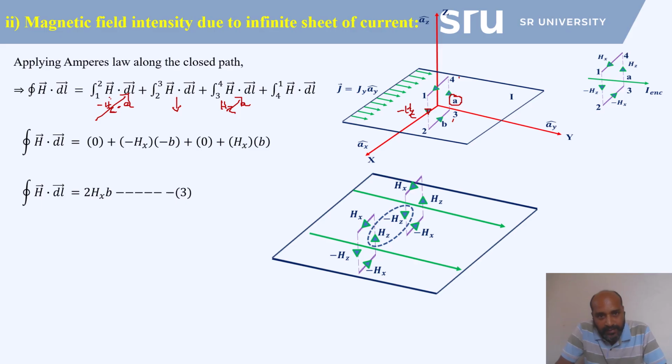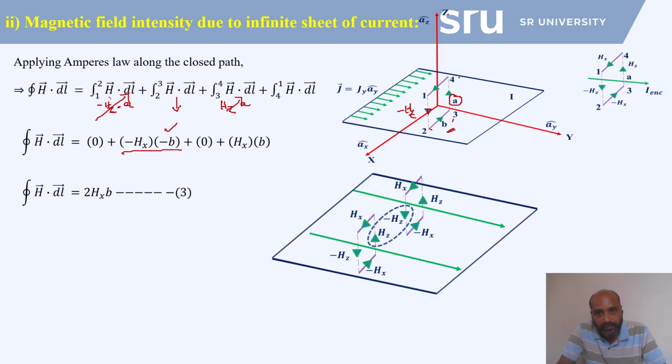If you see the 2 to 3 path, the width will be b, but it is in the inwards x direction, so minus b. And it is the inwards x direction, so the magnetic field is minus hx. So this integral will be minus hx into minus b.